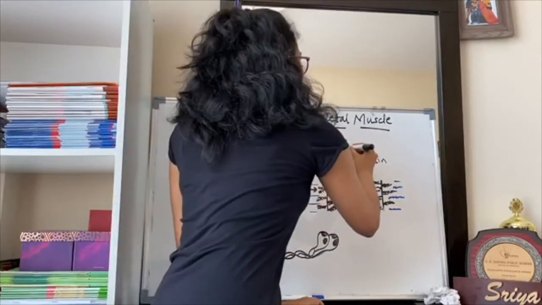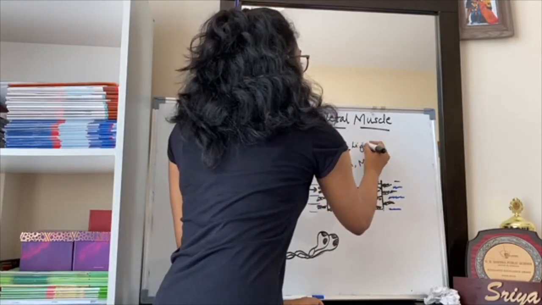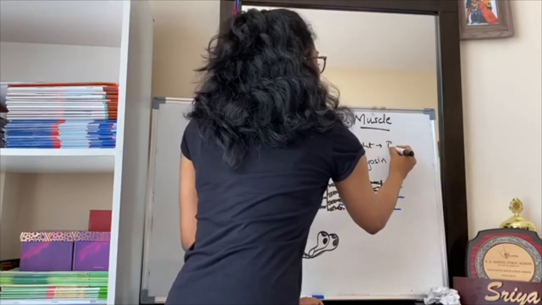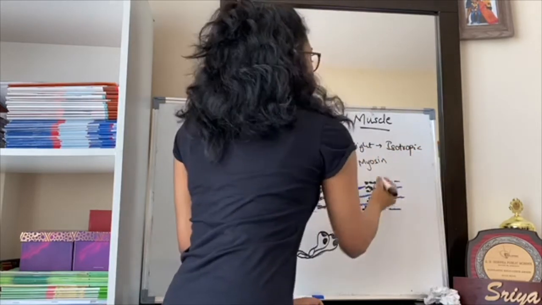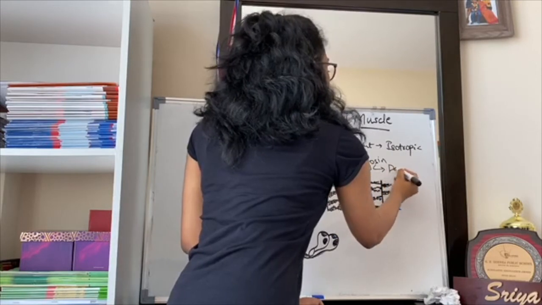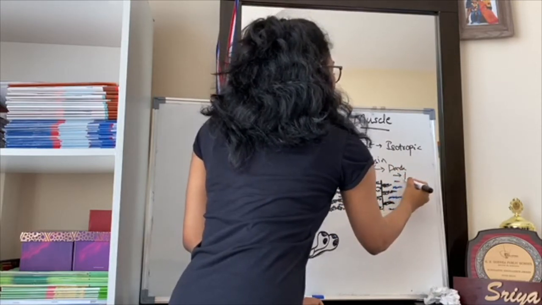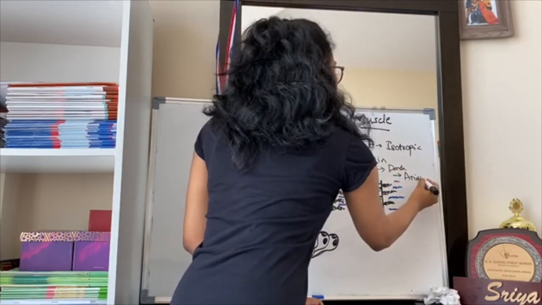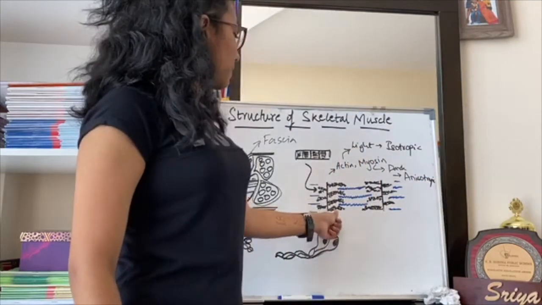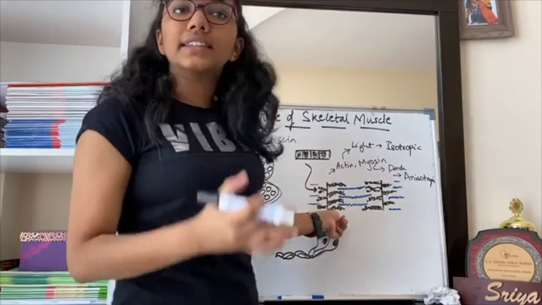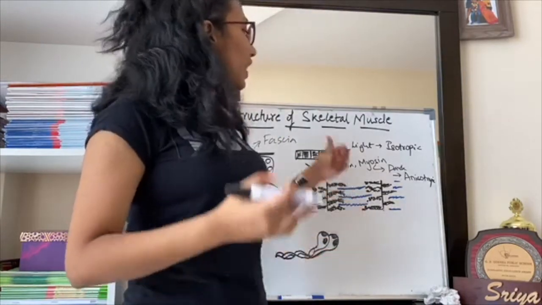Actin forms the light band, also known as the isotropic band, and myosin forms the dark band, also known as the anisotropic band.